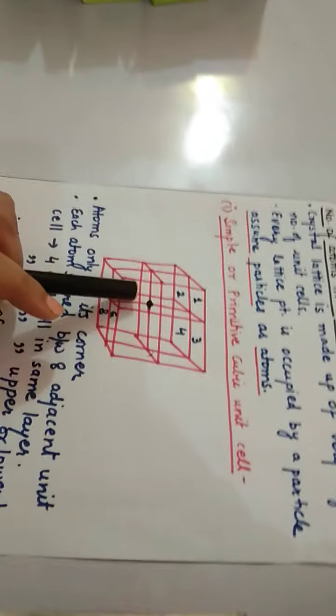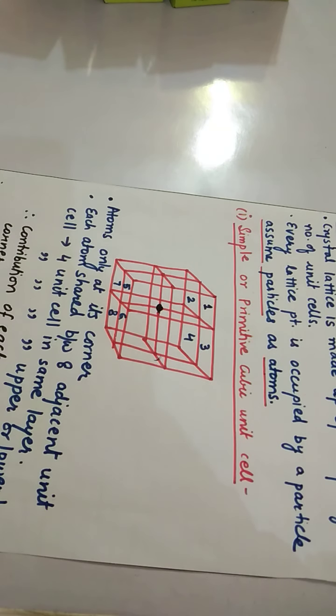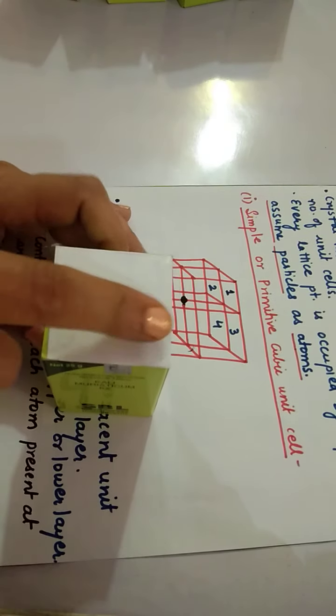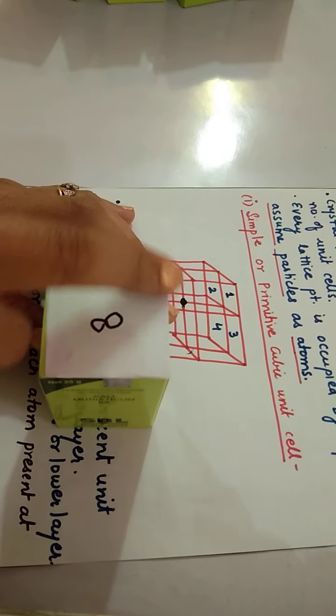Now, atoms only at its corner. In simple or primitive cubic unit cells, atoms are present only at the corners. Suppose 8 I am talking about: 1, 2, 3, 4, 5, 6, 7, 8. So 8 only at the corners we have.